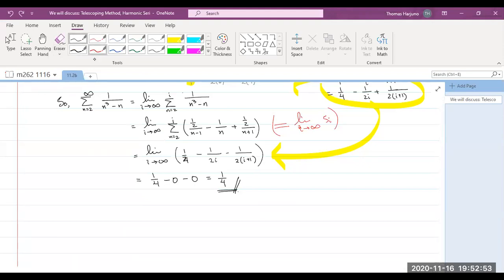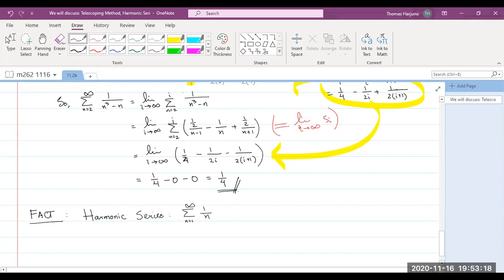Next, the harmonic series. This series is so well known that they give a name for that. The harmonic series is the infinite sum of 1 over n.